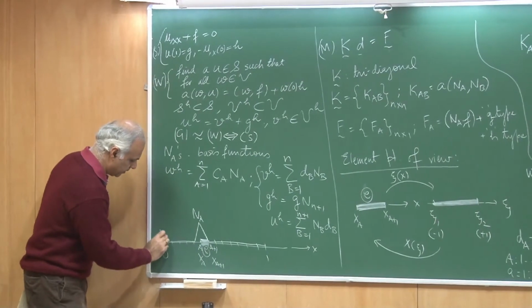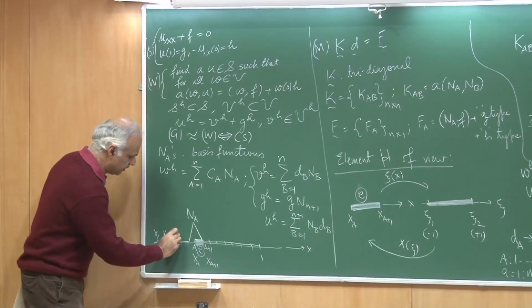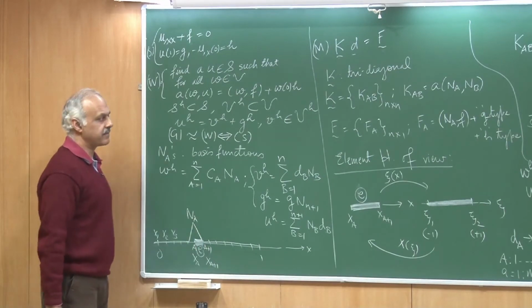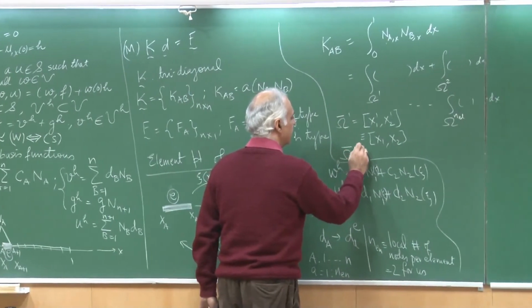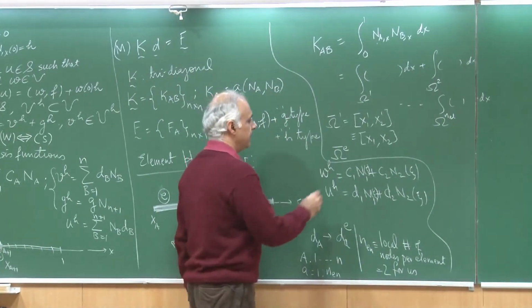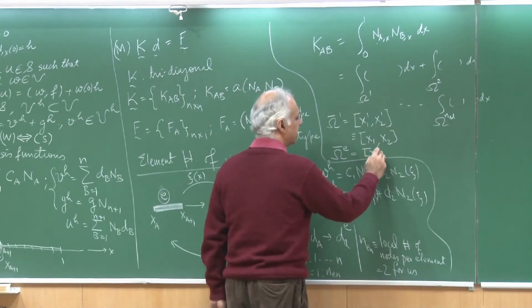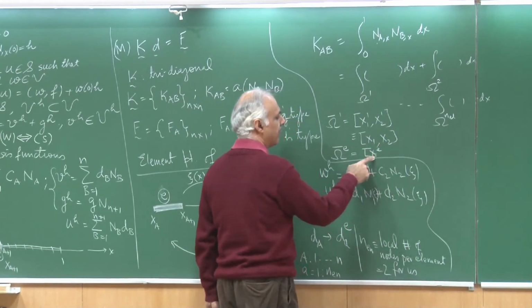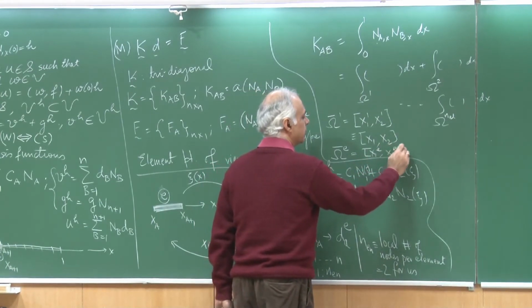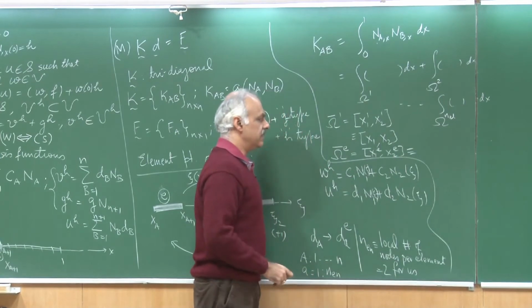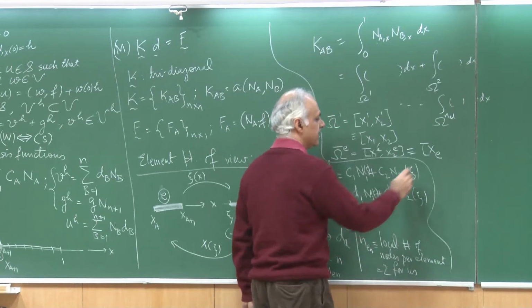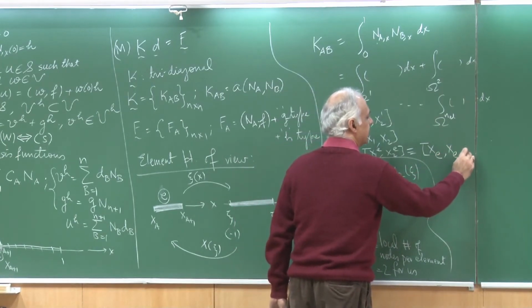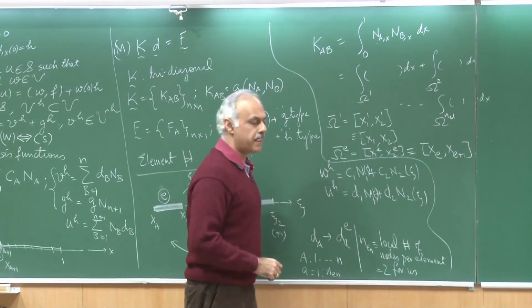So, this point is x 1, this is x 2, this is x 3 and so on. Likewise, I could talk about domain E. This would correspond to x 1 E, the local value of x at the first node for the element E, to x 2 E, and this I know is actually given as x E to x E plus 1 in a global sense.